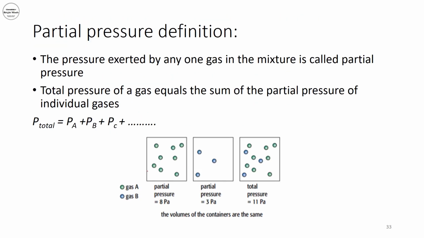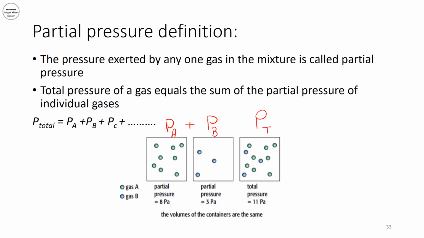Now if I have this gas A that occupies this certain volume and I have this gas B, I will consider this to be my partial pressure for A, and we will name it partial pressure A, and I will name the second one to be partial pressure B. Now, the total partial pressure would be the sum of those two partial pressures of my gas A and my gas B, and this I will assume it to be partial pressure T for total.